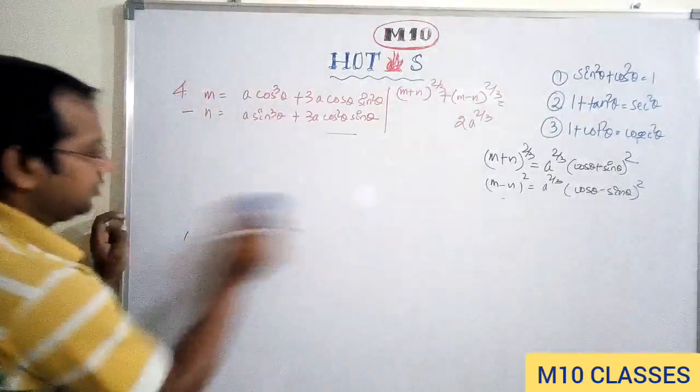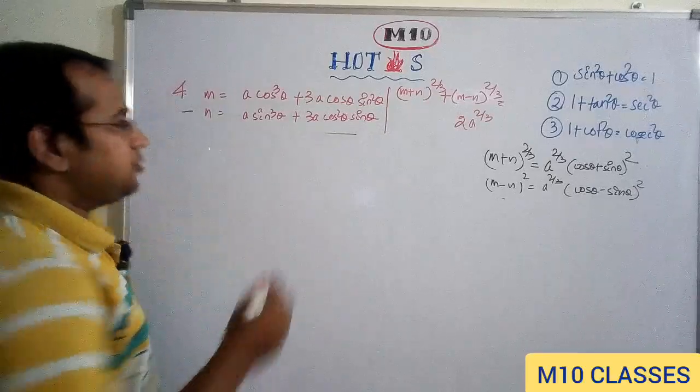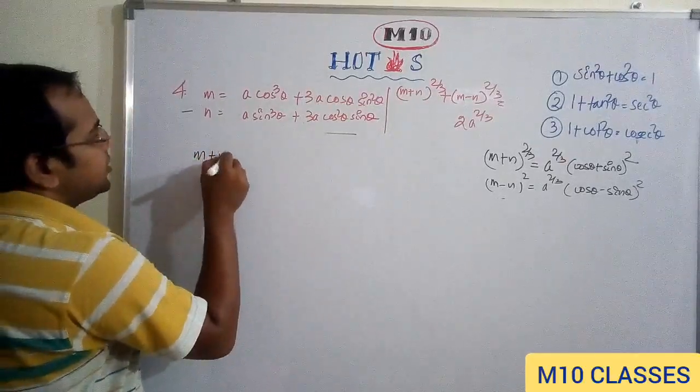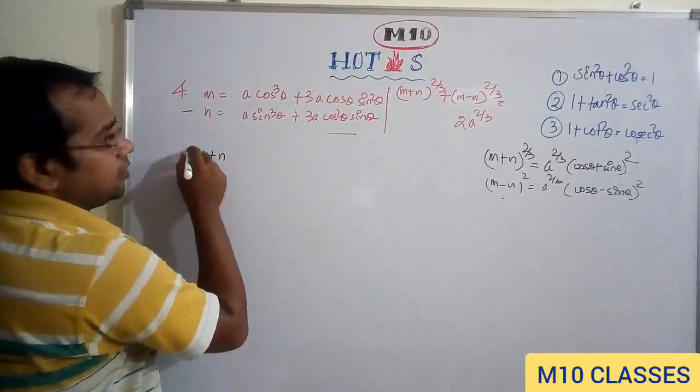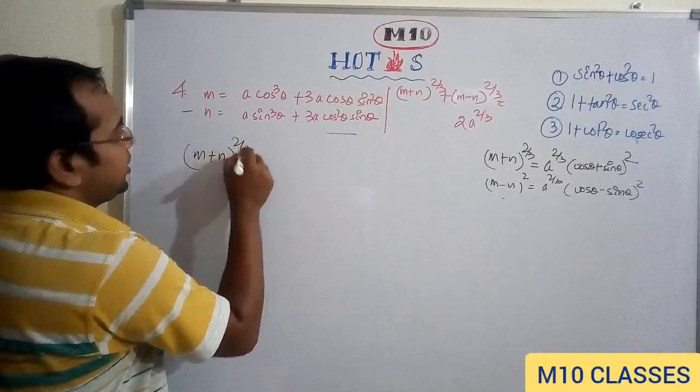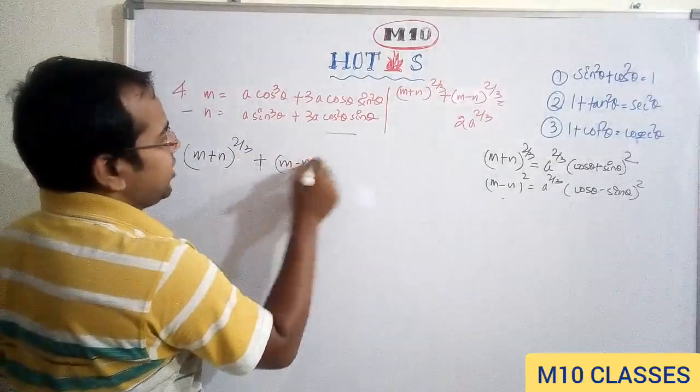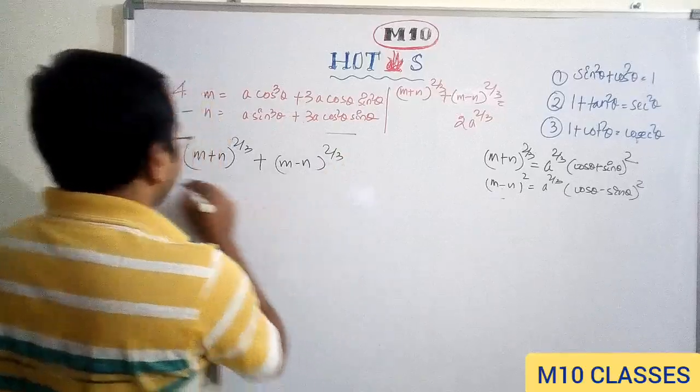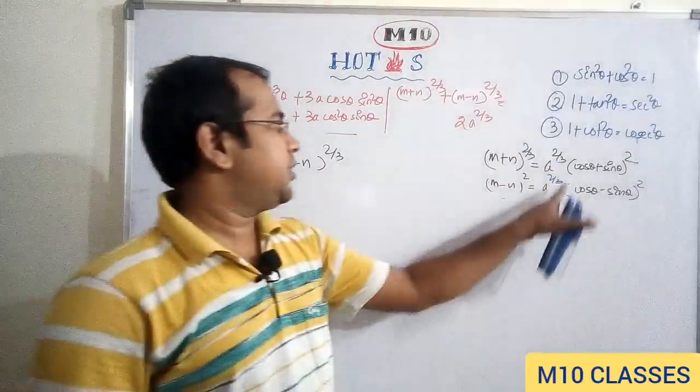Now what you need to find out? (m plus n) to the power 2 by 3 plus (m minus n) to the power 2 by 3. Now students, if I add this, see here, a to the power 2 by 3 is common.